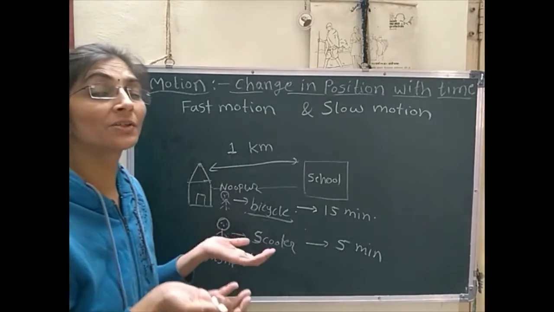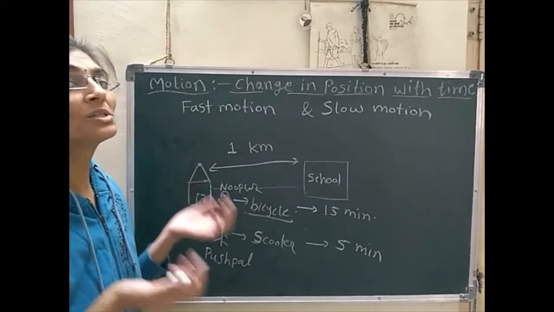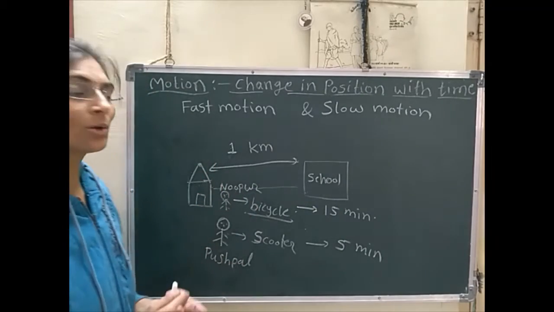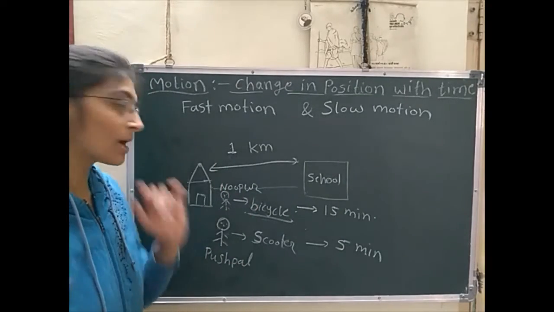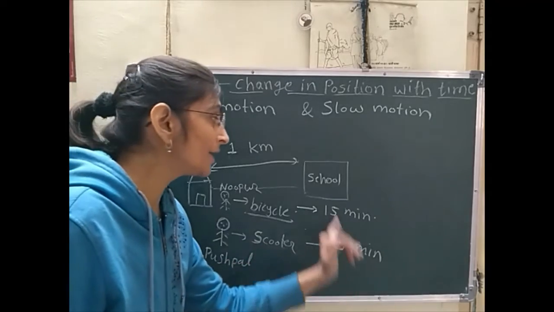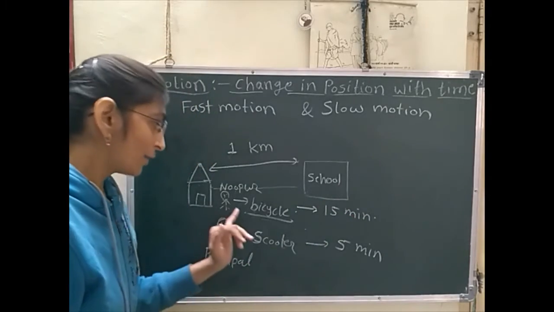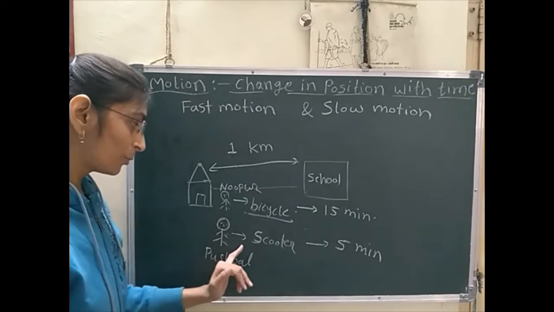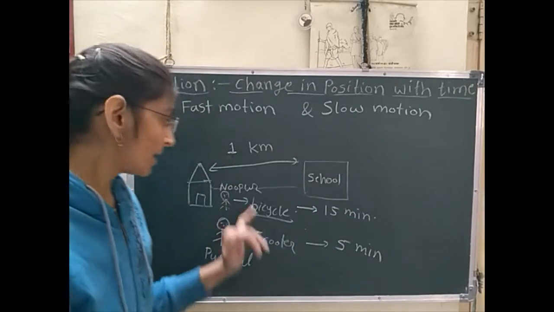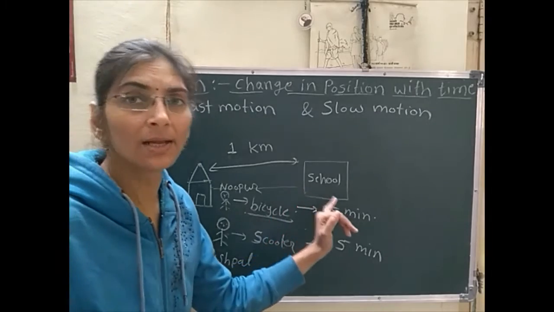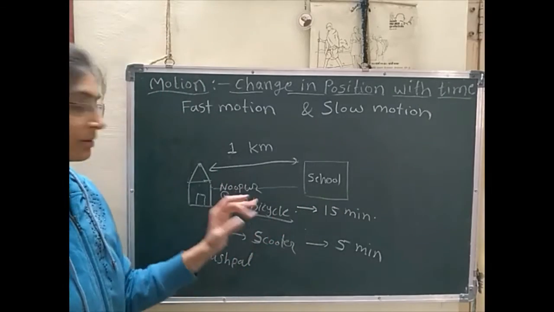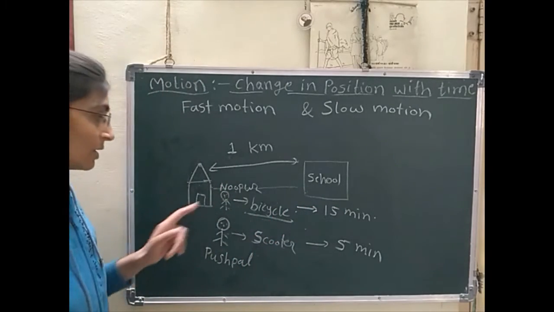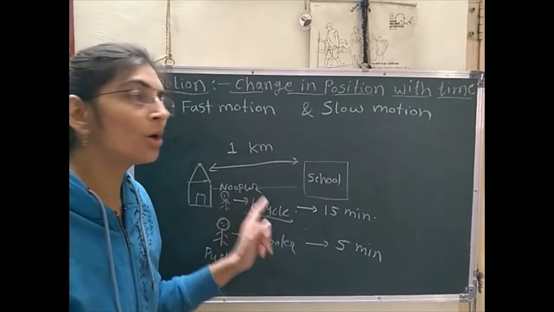Who reached fast? Whose motion is fast? Those are the questions. No doubt, Pushpal reached early and Nupur reached later, so Pushpal's speed is more and Nupur's speed is less compared to Pushpal.